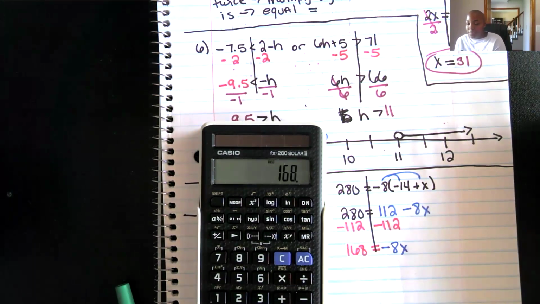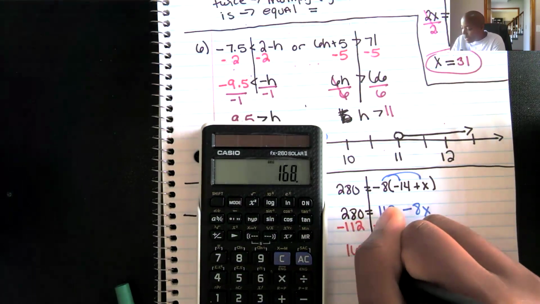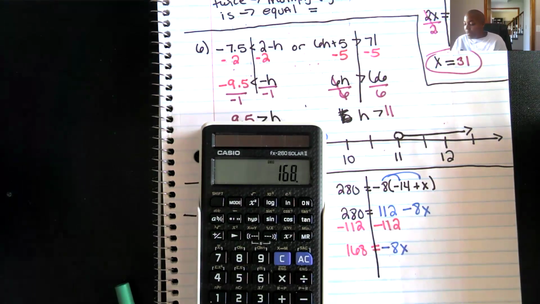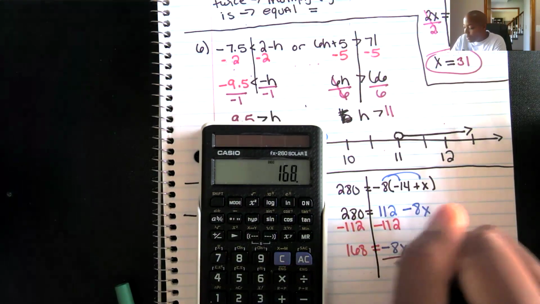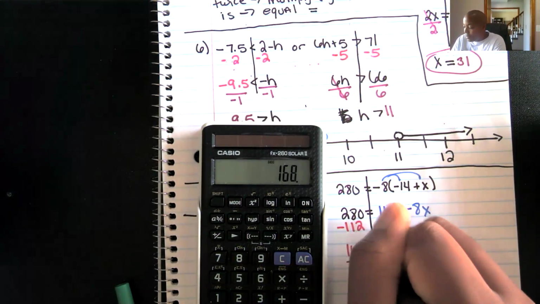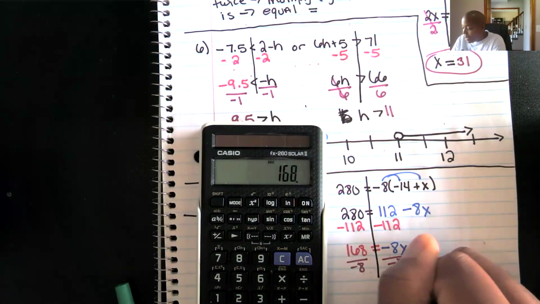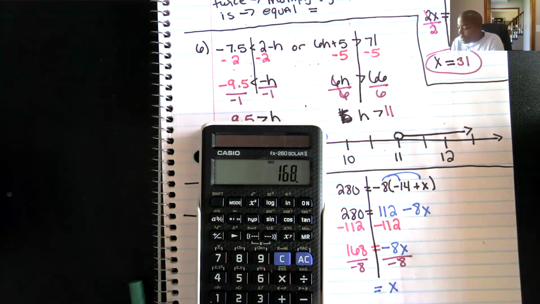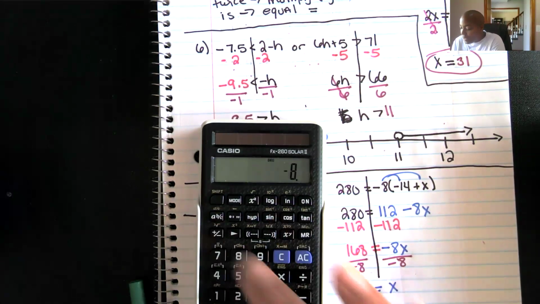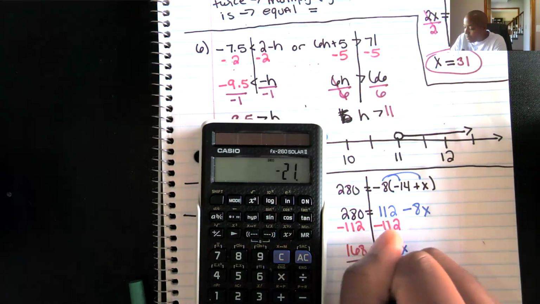Now, I think we know the steps by now. To solve for x, we've got to get rid of the negative 8 by doing the opposite operation, which is dividing. I think the answer is negative 21, but we're going to check with the calculator to be on the safe side. 168 divided by negative 8, negative 21.